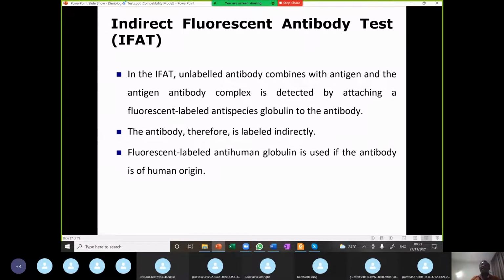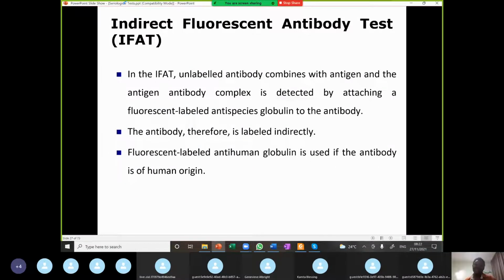Then next, we add a labeled antibody. So we are adding an antibody that will bind to an antibody in the system. The first antibody bound to our antigen, that was a specific antibody to the antigen we wanted to test. Now, the labeled antibody is going to bind to our bound antibody.